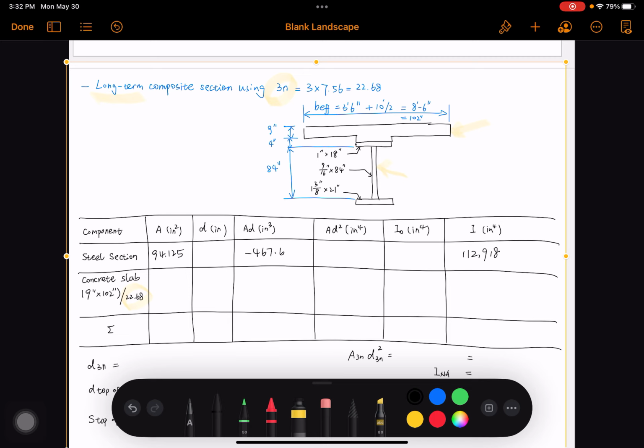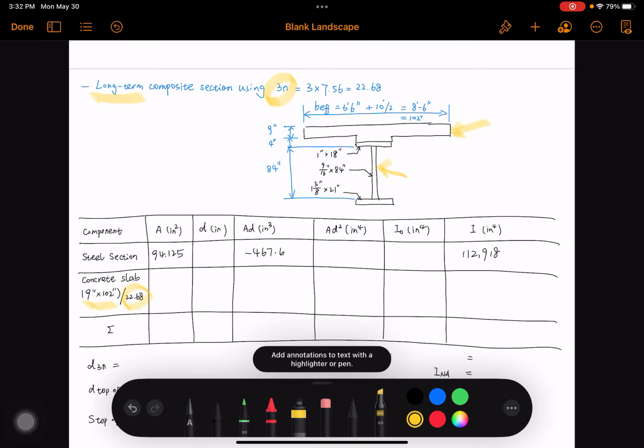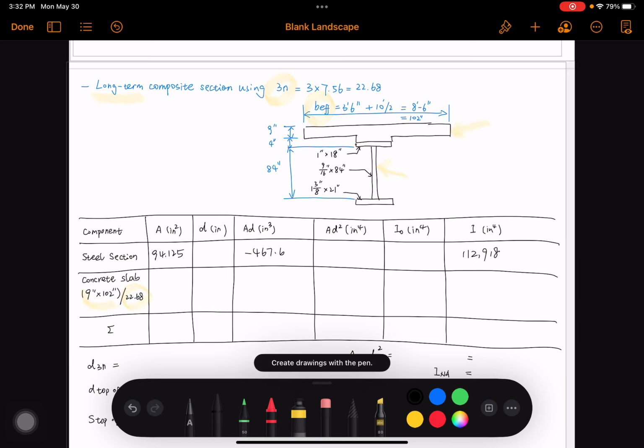The area is 9 inch times 102 inch, where 102 inch is the effective width of the concrete slab. And this whole area is divided by 22.68, which is 3N. This gives 40.48.